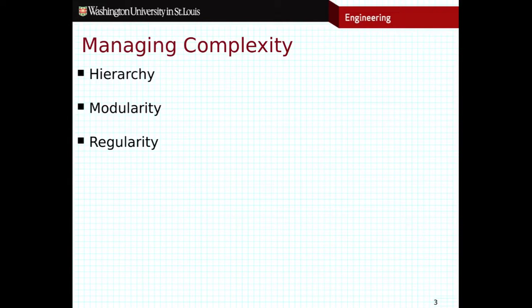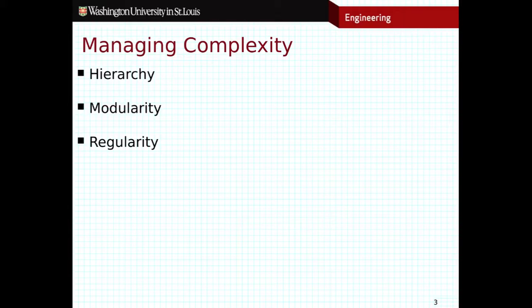So not only do we want to break things into modules, and we want those modules to be efficient, effective, right? But we also want them to be uniform. If I have two modules that are intended to represent the same thing, I want them to be the exact same thing. I don't want to have two slightly different modules.